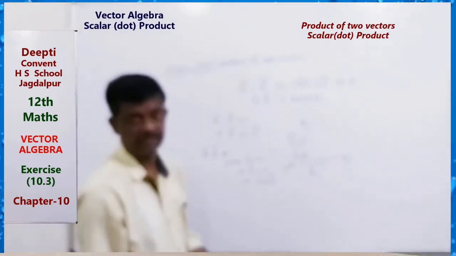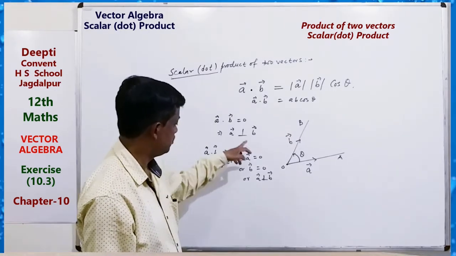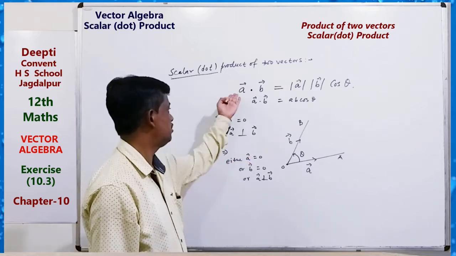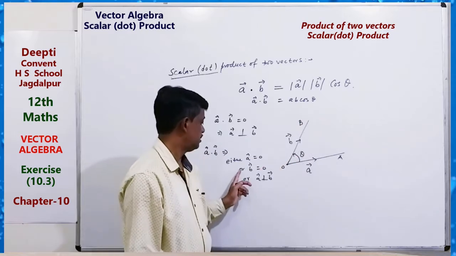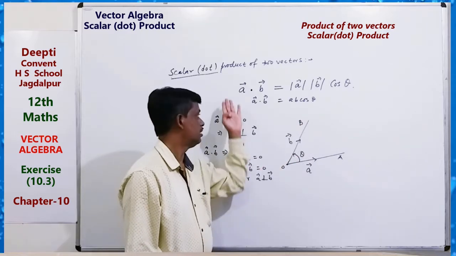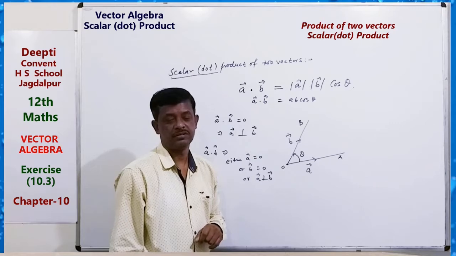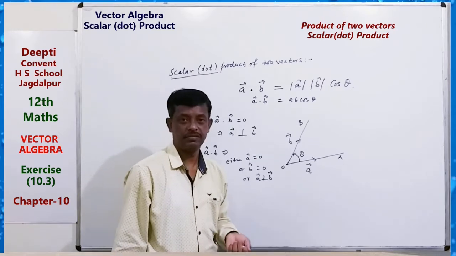From here we can decide: if A dot B equals 0, then either A equals 0 or B equals 0, or A dot B equals 0 means perpendicular.